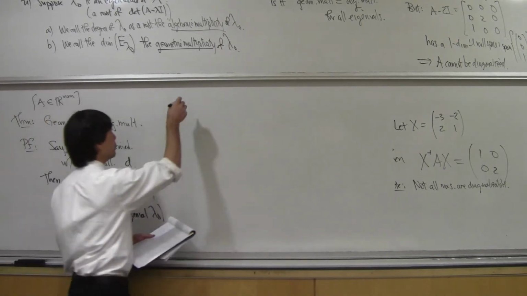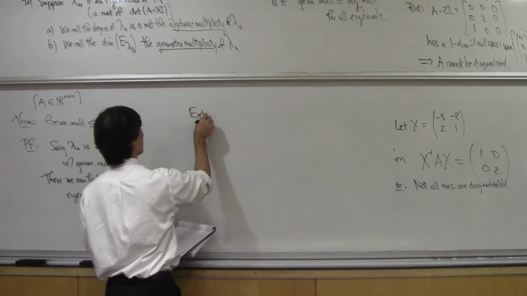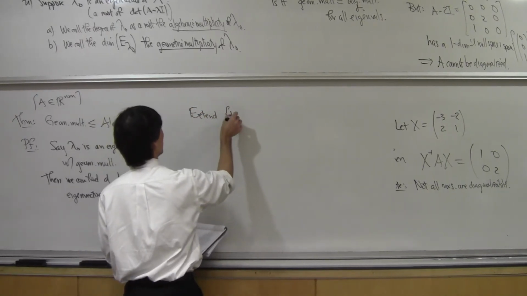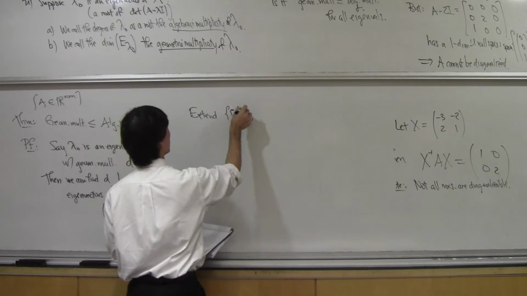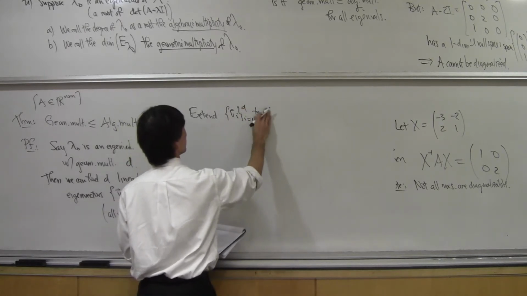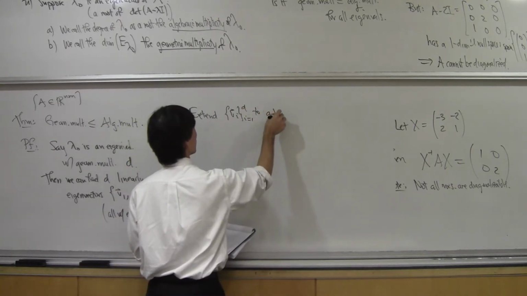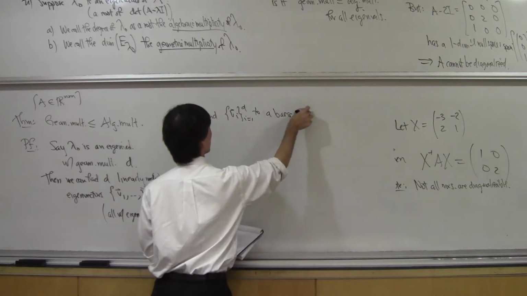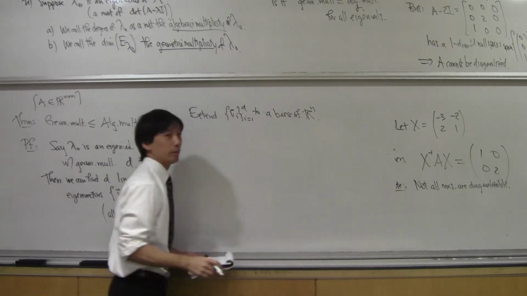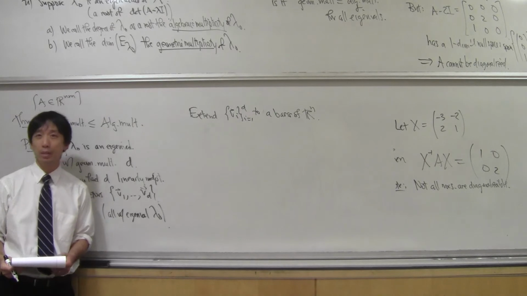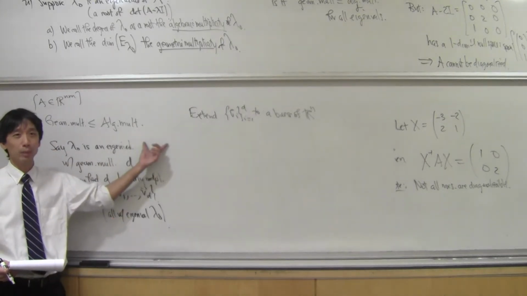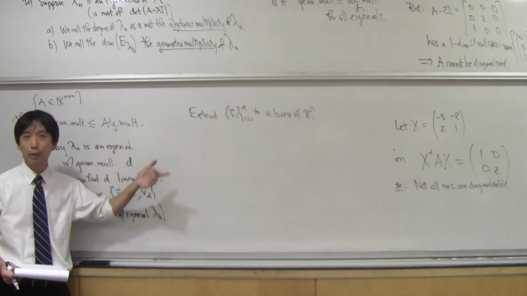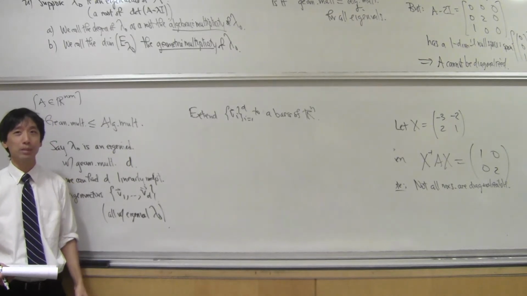So extend the vi to a basis of Rn. We saw ages ago that if you have some linearly independent vectors, you can throw in some more vectors and turn it into a basis.